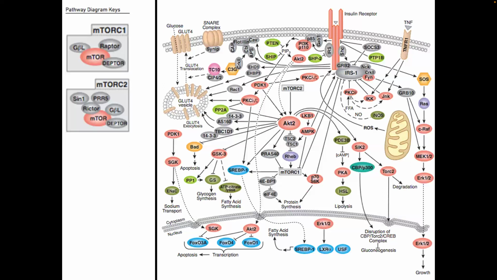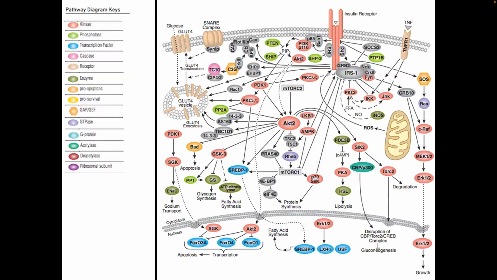You see PKB interacting with AS160, so GLUT4 translocation can happen. PDE is in there, blocking PKA signaling to the right of mTOR. BAD and GSK3 and MAPK signaling, that's on the far right. Lots of things in here you should start to recognize. You should be starting to make a little bit of sense.